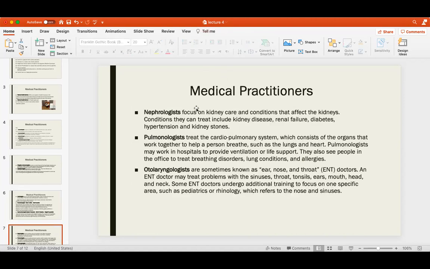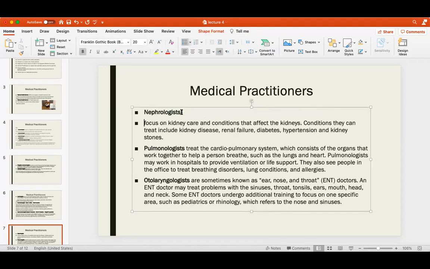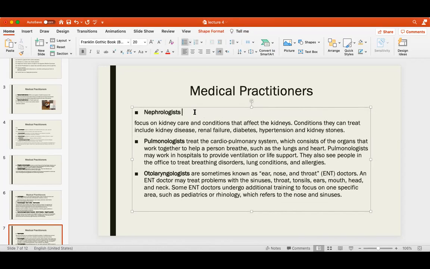We have also the nephrologist. We have taken the root nephro, that means what? Nephro means kidney. So nephrologist is a doctor who is specialized in the diseases of the kidney.